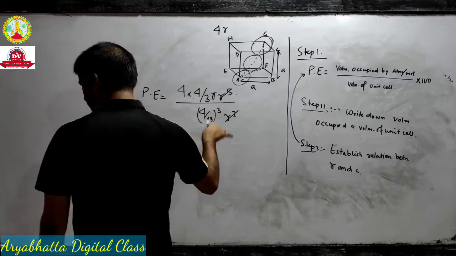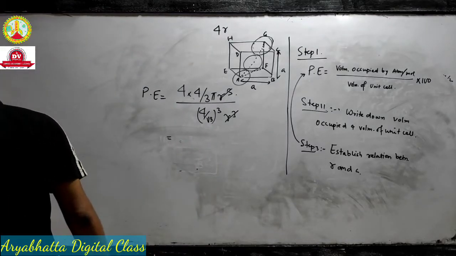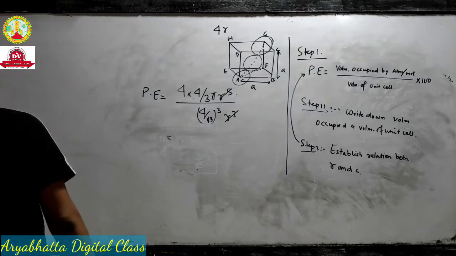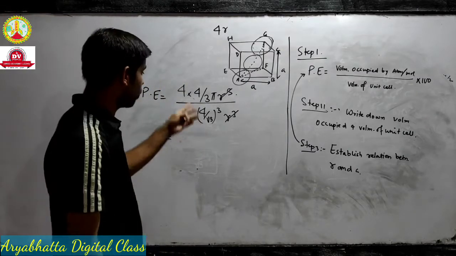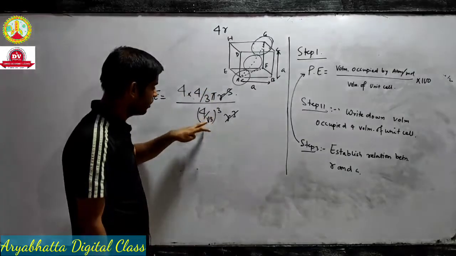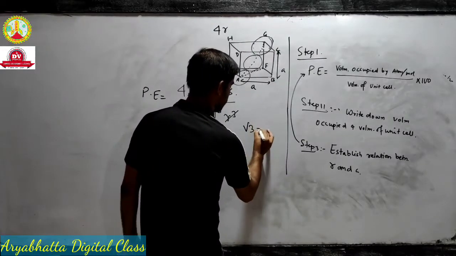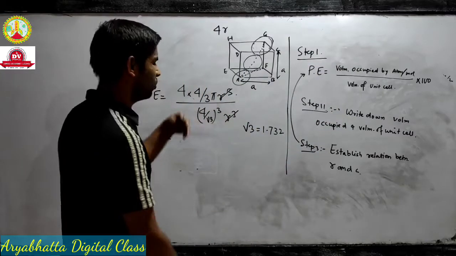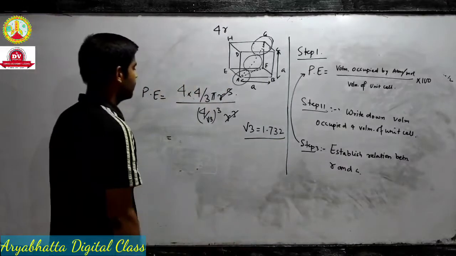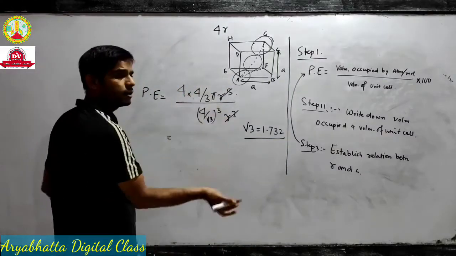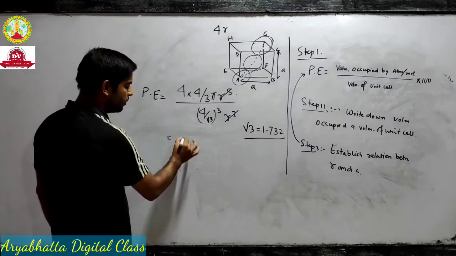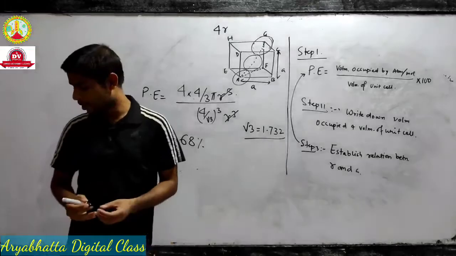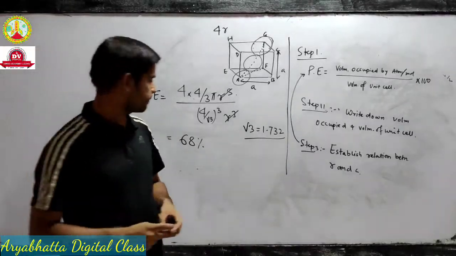If you put all the values, root 3 is 1.73205080, just to 3 terms, and the value of pi, you will get 68% efficiency for body centered cubic lattice.